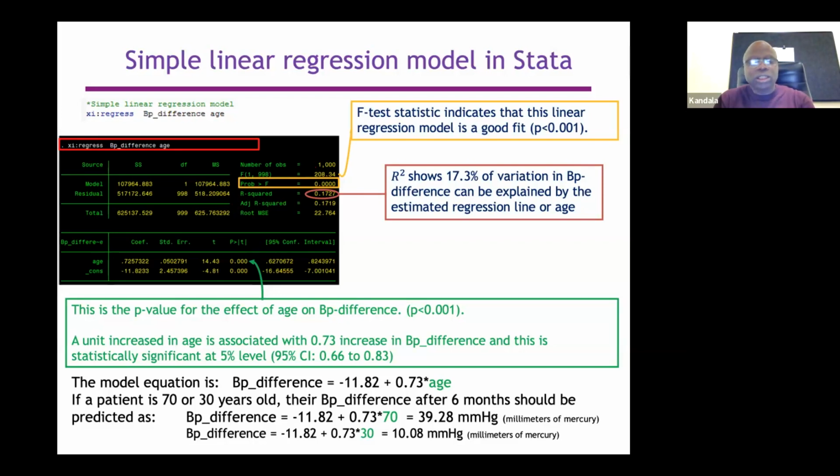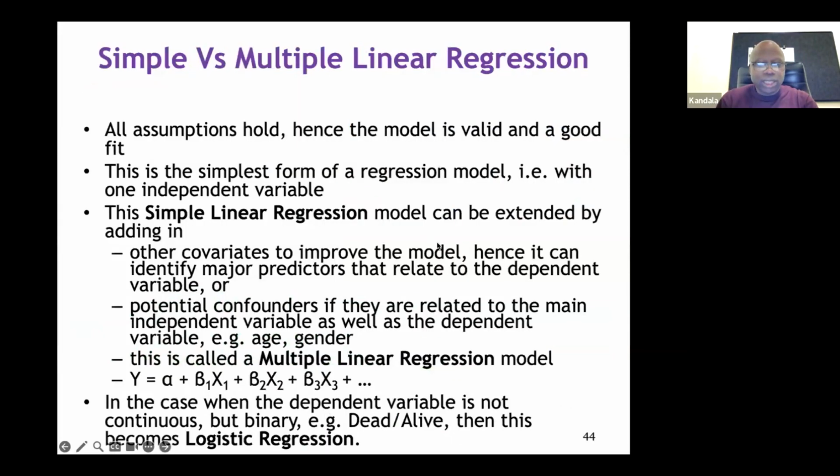In a simple regression analysis, we have only one variable, age. In multiple regression, as the word says, we are going to have multiple independent variables.